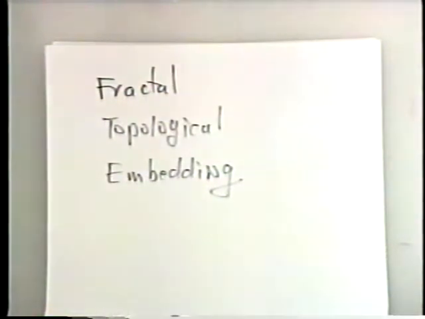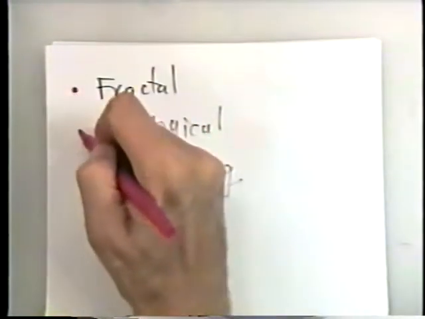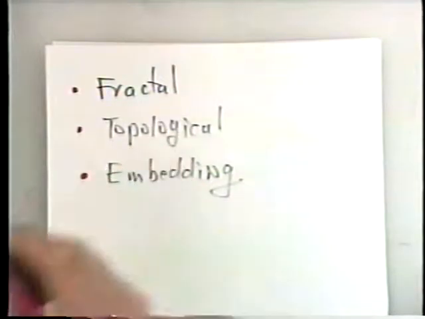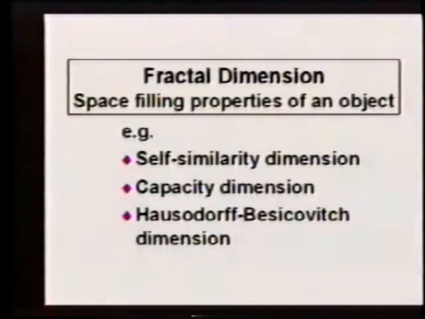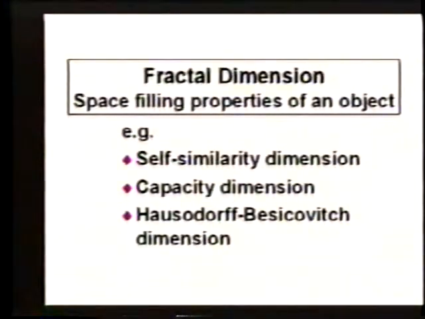And we'll see each of these has somewhat different properties that will be useful to understand. So the first one of these is the fractal dimension. And there are a number of different types of fractal dimensions, which we'll discuss too. Each of these dimensions tells you something slightly different.